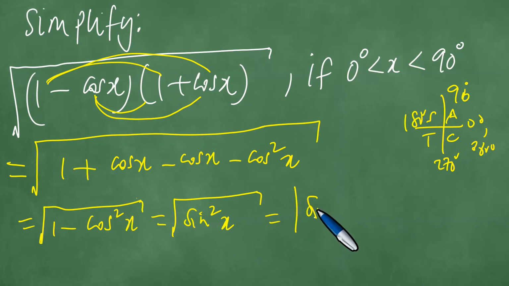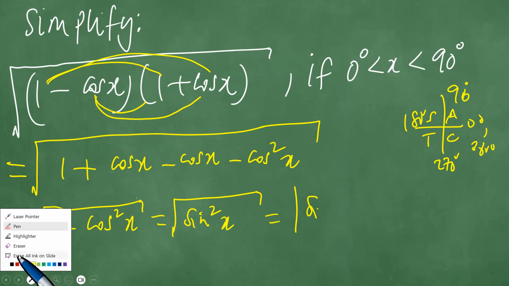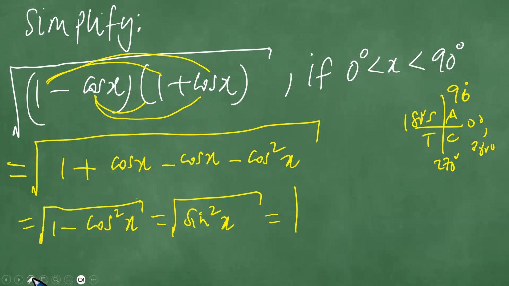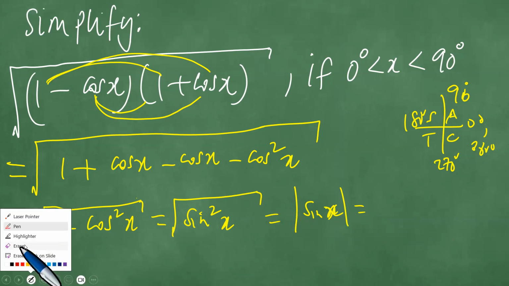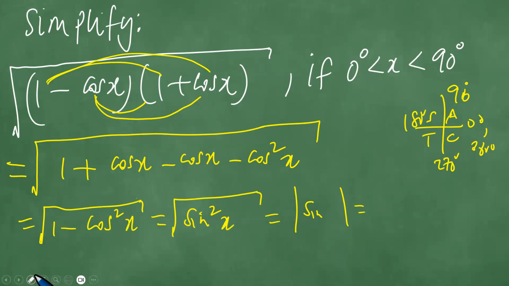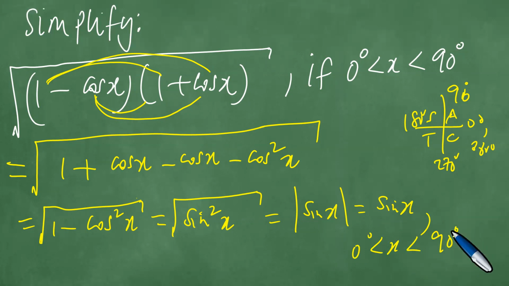In principle, the square root of the square is the absolute value, the modulus of sine x. But it becomes positive because of the domain restriction, because now we're in the first quadrant, so it becomes sine x.